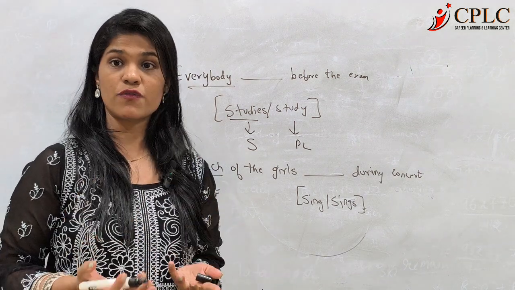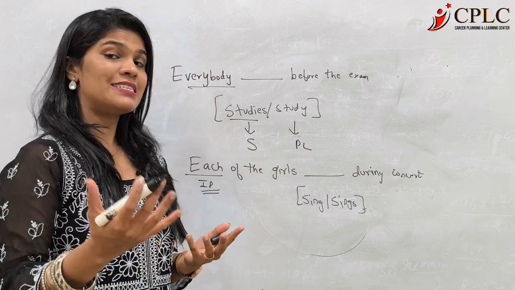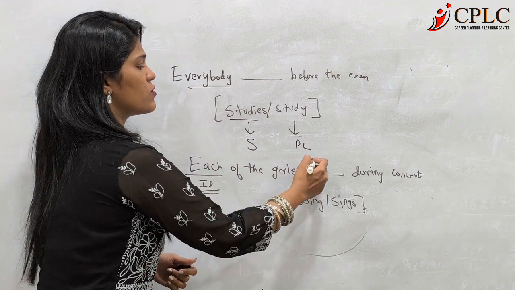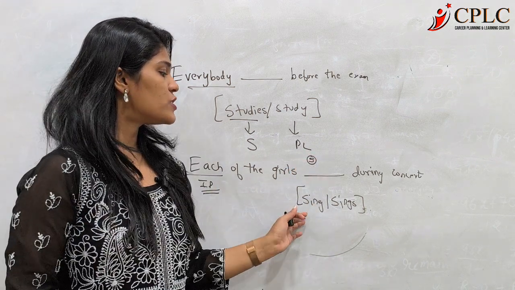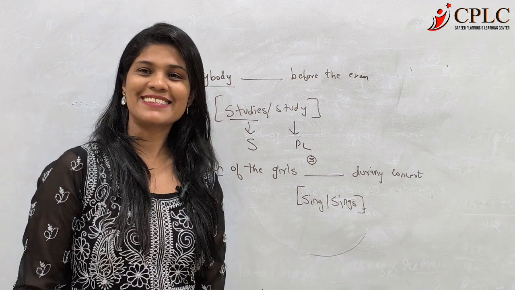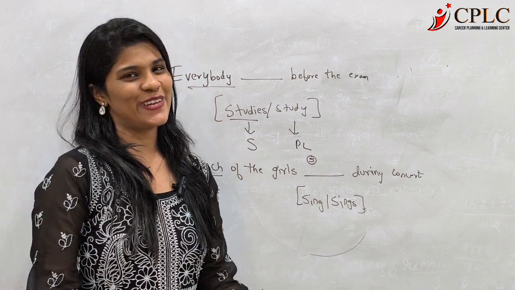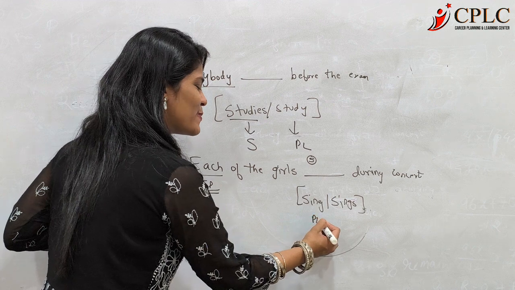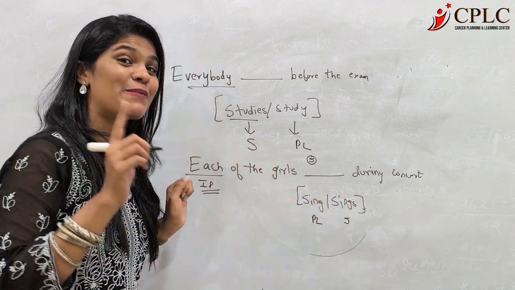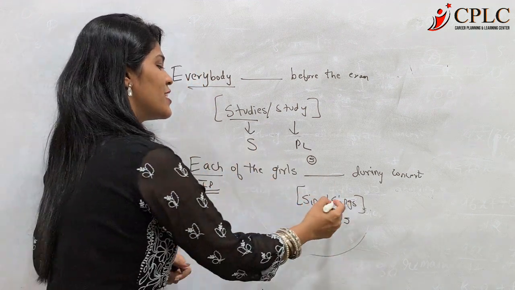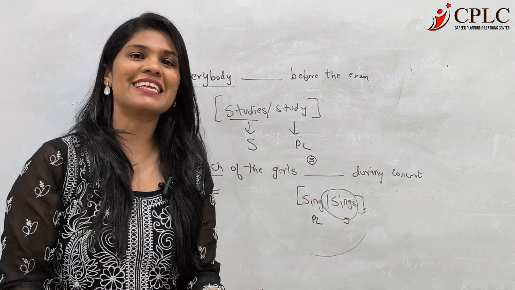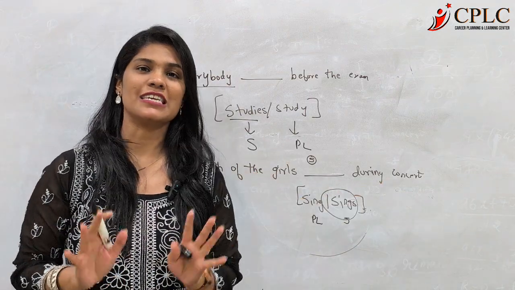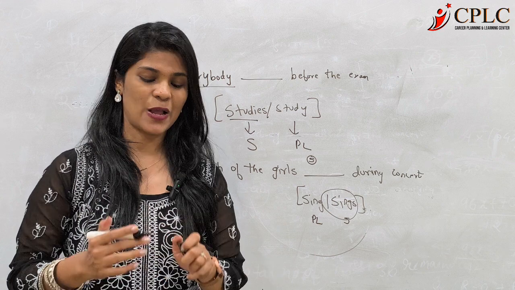So which kind of verb do we need to use? Singular. Very good. Now which is a singular verb between sing and sings? Because sing is plural, sings is singular. Remember, if there's an s, it's singular. So the answer will be sings during the concert. Is this clear? Yes. Okay.